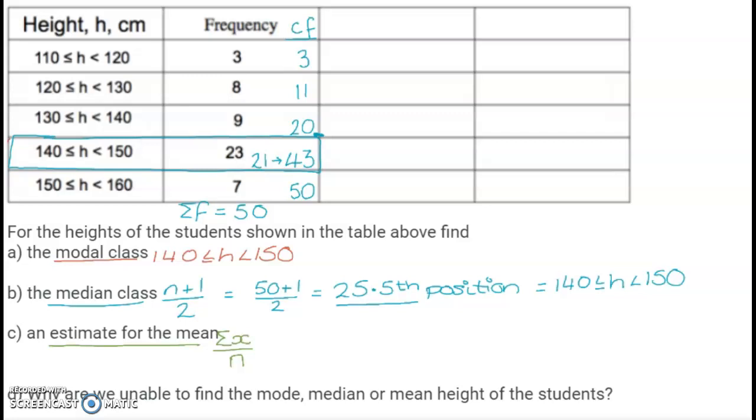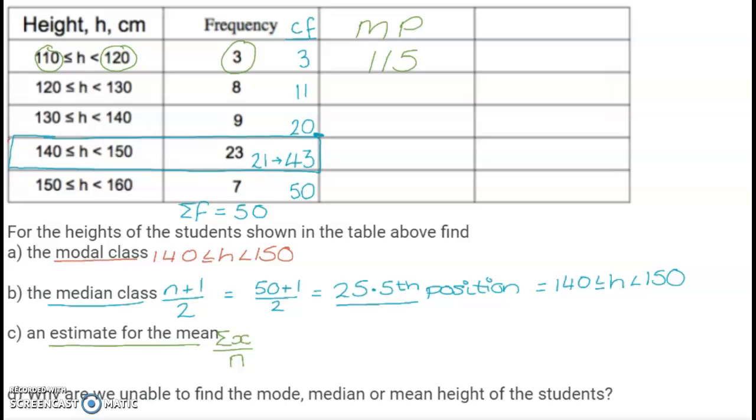As I don't know what those 3 values are, I need to make a sensible guess. A sensible guess would be to use the midpoint, the halfway value between the lowest 110 and highest 120 height. The midpoint for this category is therefore 115. I can then say that all 3 of my values between 110 and 120 are roughly 115.